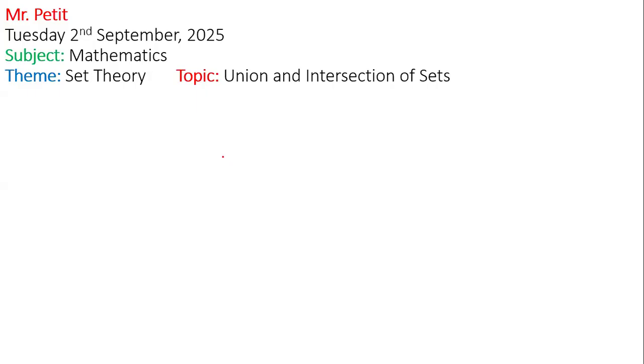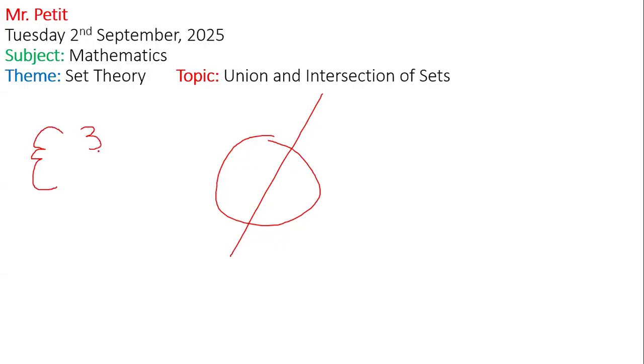And what is the symbol for a null set? A circle with a line through it. Very good. And there's another way to write it: two curly brackets, like this and like this. That makes sense? Okay.